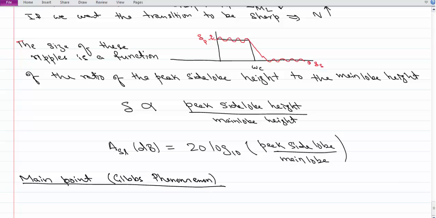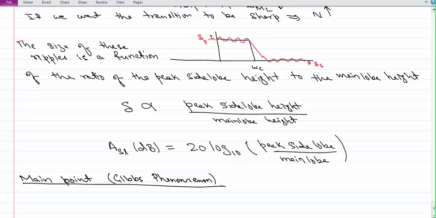No matter what the length of your filter is, the moment you go from the infinite length filter to a finite length filter, doesn't matter whether the length is 1,000, 2,000, 500,000, a million, the size of the ripple for a fixed window, here we are talking about the rectangular window, can never be reduced.